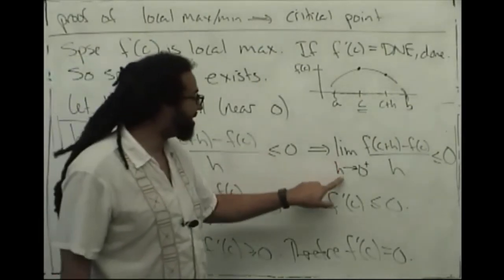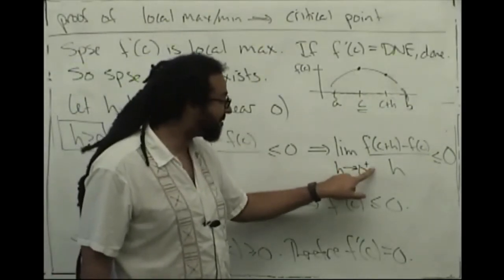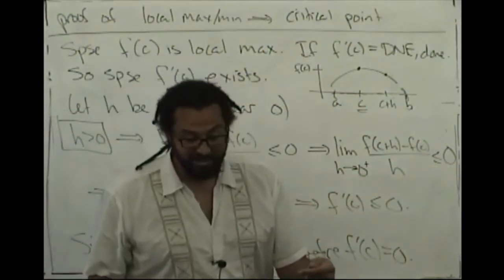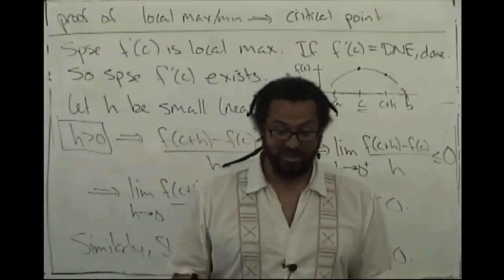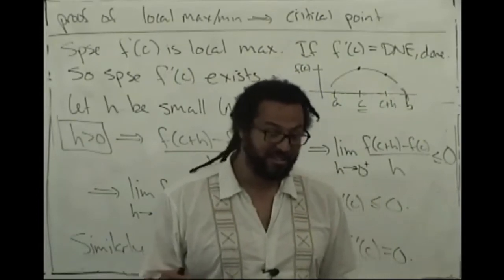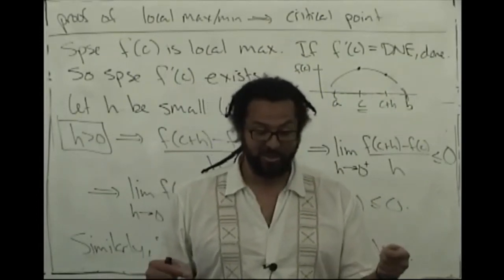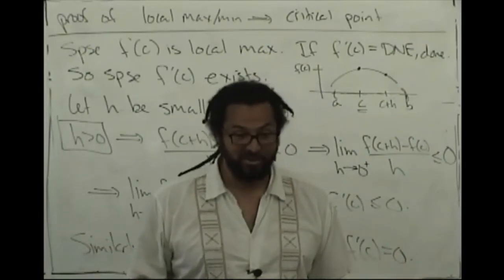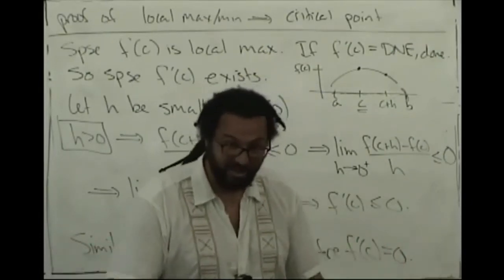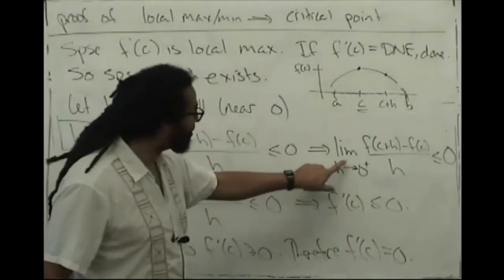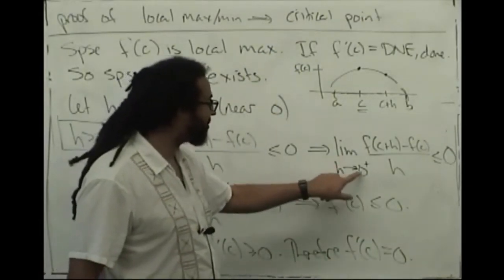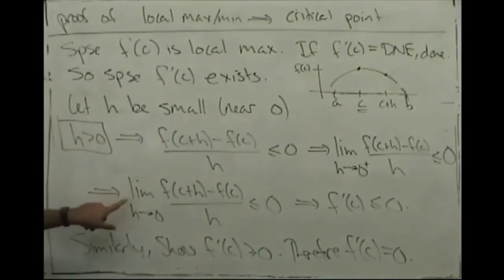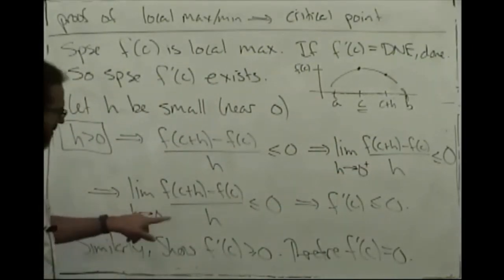And so the limit as h approaches 0 from the left is now positive. Again, it's differentiable, so the limit as h approaches 0 exists. Therefore, the limit as h approaches 0 from the left is equal to the limit as h approaches 0 from the right. They're all the same. So instead of writing limit as h approaches 0 from the left now, I can just write limit as h approaches 0.